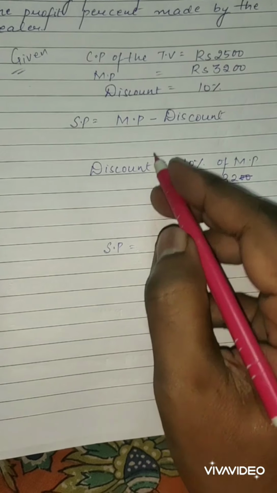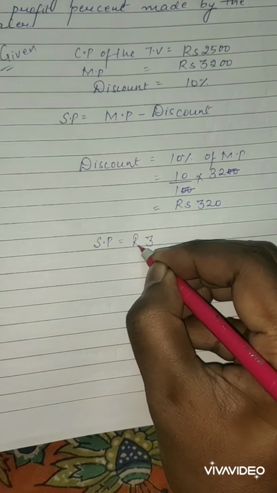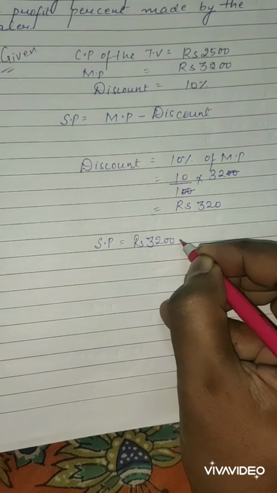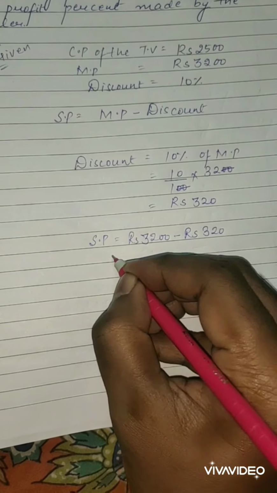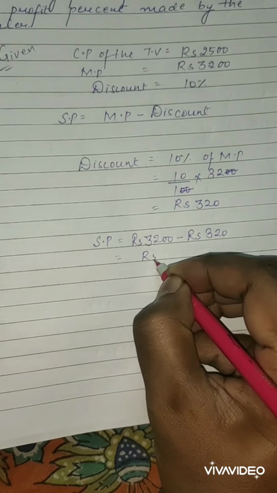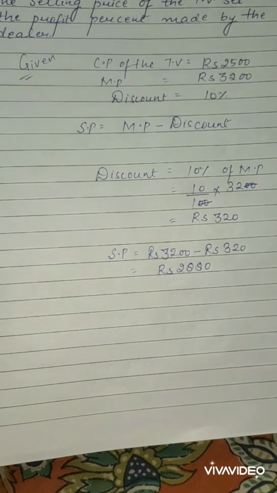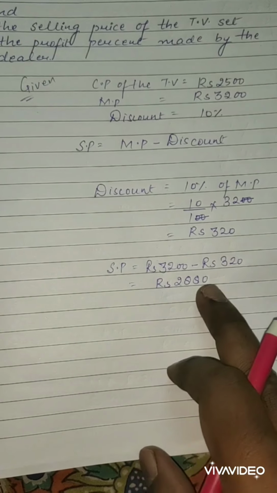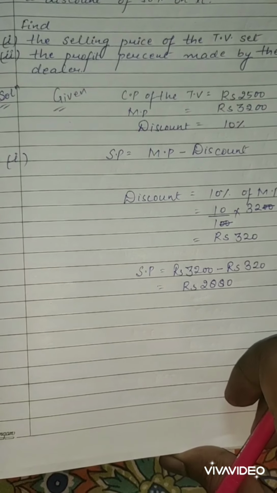So selling price will be mark price, that is rupees 3200 minus rupees 320. So you will get rupees 2880. This is your selling price. I hope it is clear.